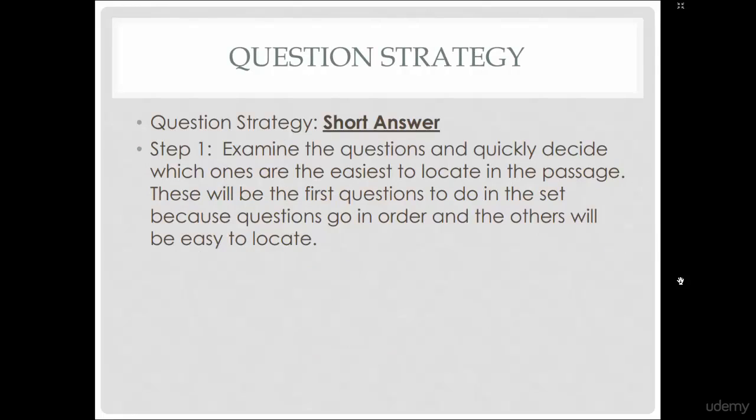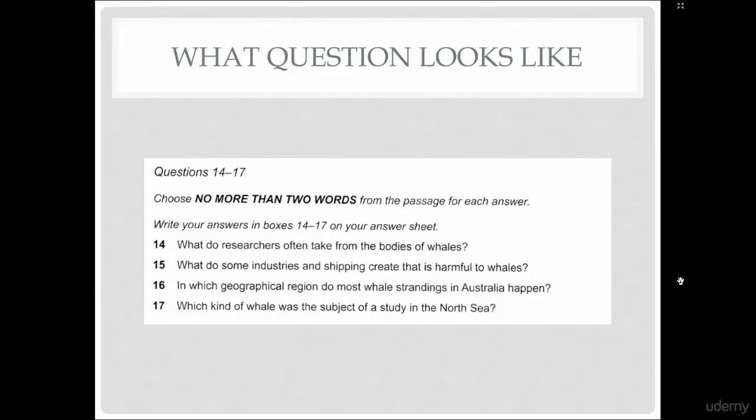The first thing you want to do with a short answer question is you want to examine the questions and quickly decide which ones are the easiest to locate in the passage. These will be the questions to do in the set first. Right, so for example, when we look at these questions here, 14, 15, 16, and 17, probably the easiest 2 questions to do first are probably number 16 and 17. The reason why is number 16 has the word Australia and whale strandings.